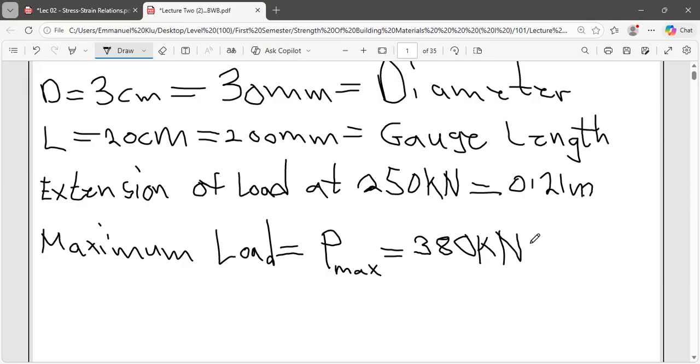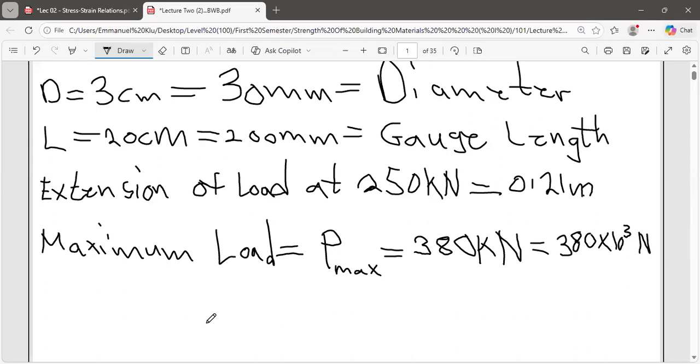Which is the same as 380 times 10 exponent 3 Newton.